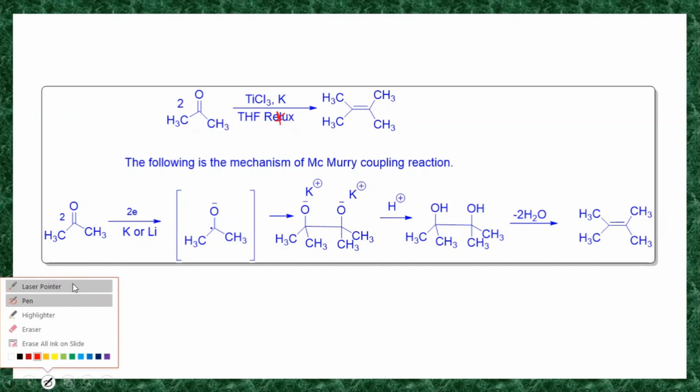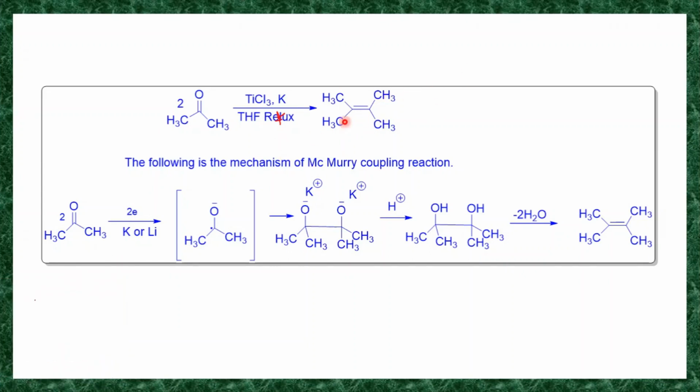The following is the mechanism of the McMurry coupling reaction. Two molecules of acetone react with lithium or potassium metal. You know that potassium or lithium metal has one electron in its last shell.